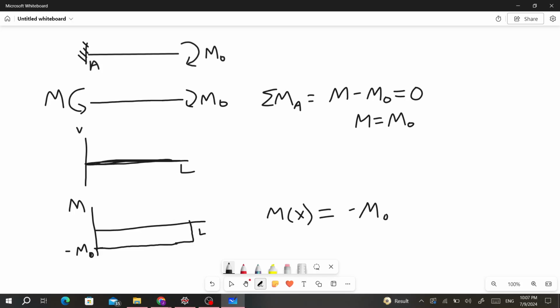Okay, so now we're going to follow our method of integration to derive the equation for the deflection of the beam as a function of x.